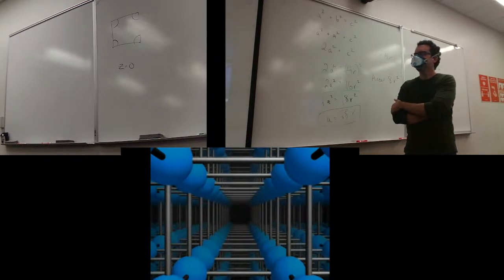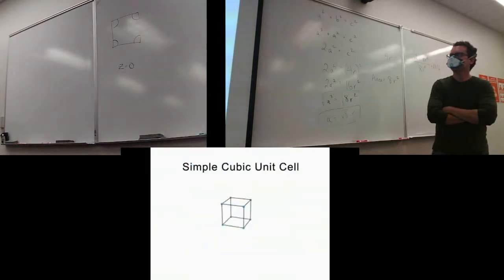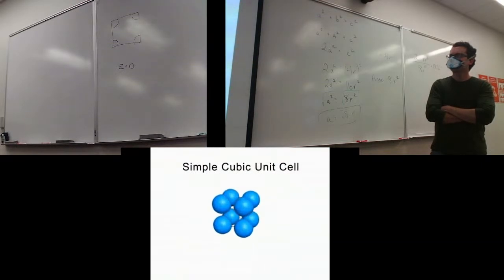Let's examine the three types of cubic unit cells. All cubic unit cells have particles at the corners of a cube. The simple or primitive cubic unit cell has particles at the corners only. In reality, the particles lie as close to each other as possible.